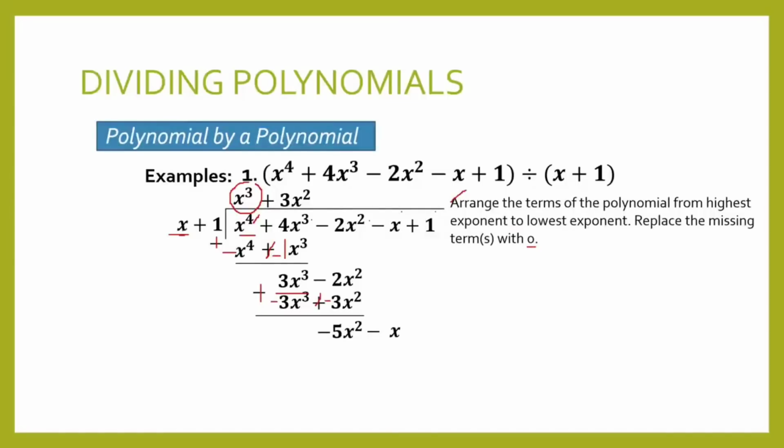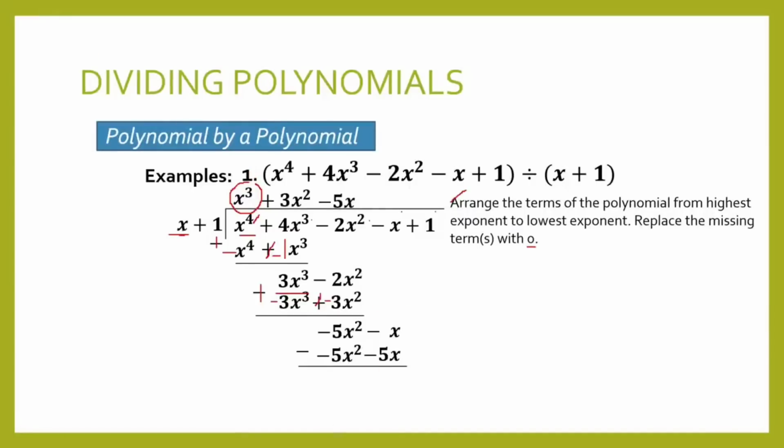So again, we bring down the next term, which is negative x. Now we divide negative 5x squared by x, and the result is negative 5x. That result will be multiplied to each of these terms. So negative 5x times x is equal to negative 5x squared, and negative 5x times 1 is equal to negative 5x.